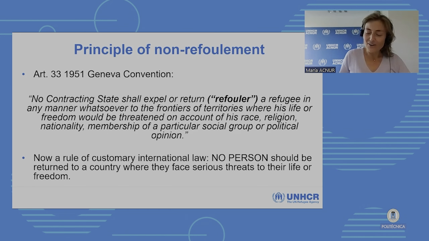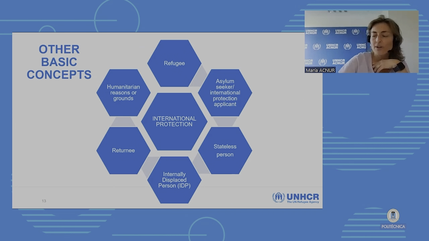Okay, so these would be the two basic aspects of the Geneva Convention I wanted to talk to you about: what is a refugee and what is the principle of non-refoulement. But there are other basic concepts in international protection, and I wanted to go through them quickly with you. These are some terms that I think are important for you to know the differences.